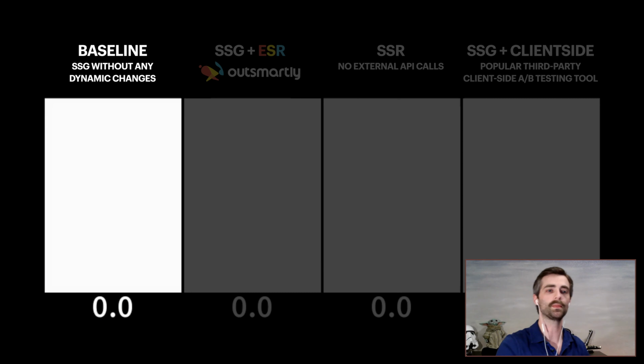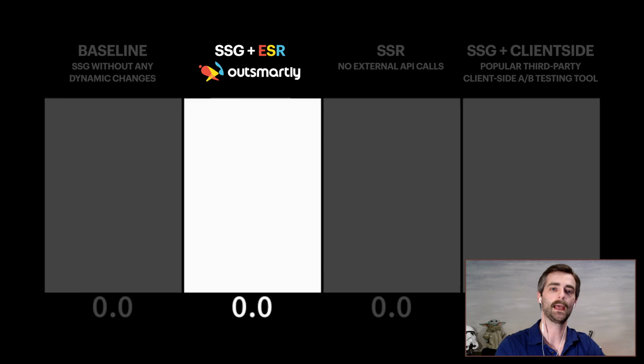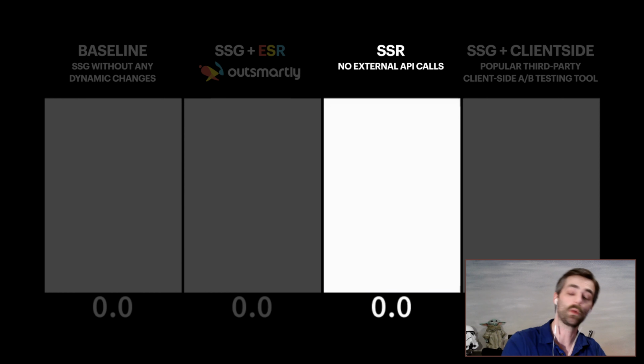So on the left, we've got the baseline, which is basically just serving static site generation from the CDN without any dynamic changes whatsoever. This is the original version. And then we've got that same thing, but with edge slice re-rendering being applied to do that A/B test. We also included server-side rendering. This is not using Gatsby, obviously, it's using another framework.